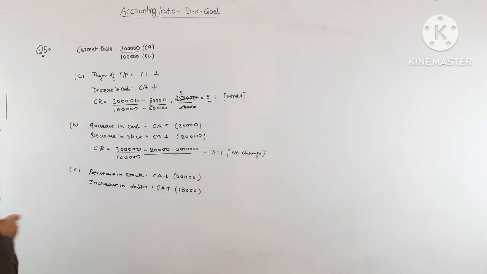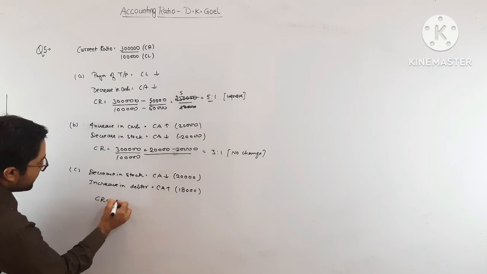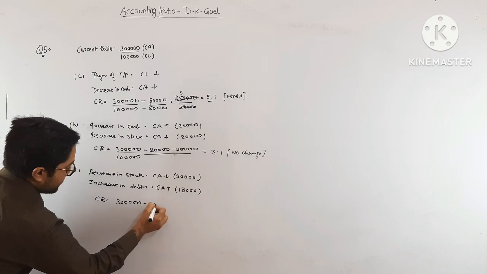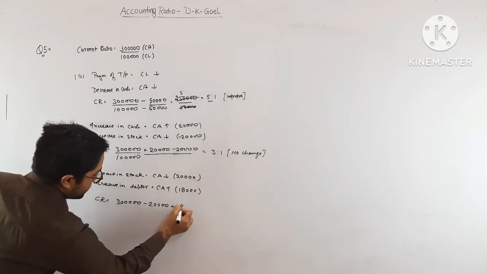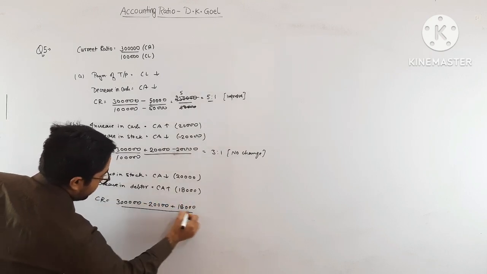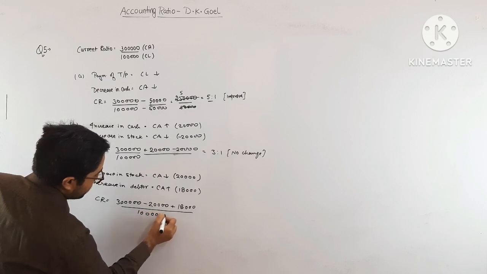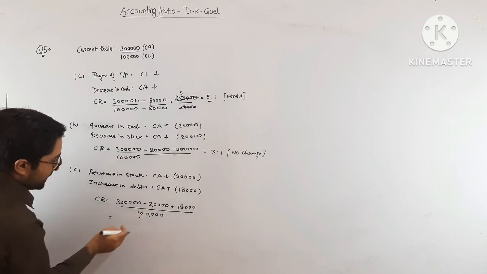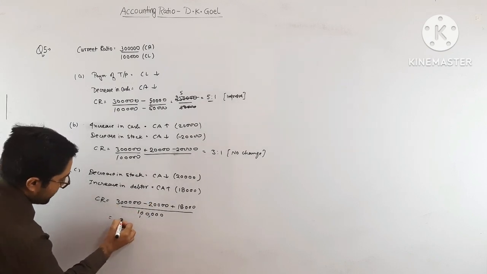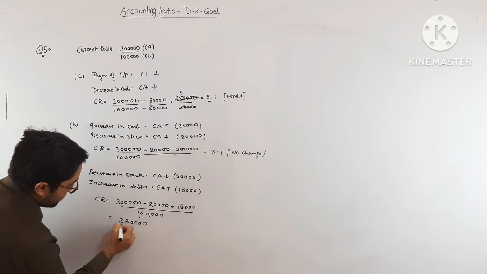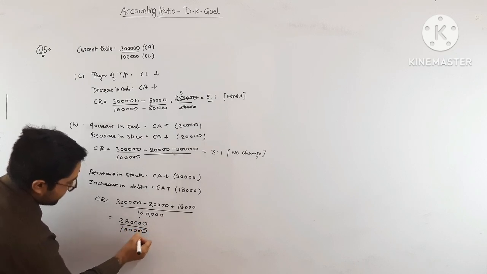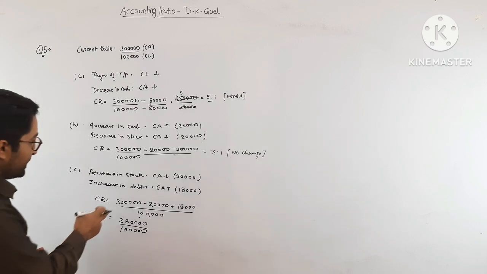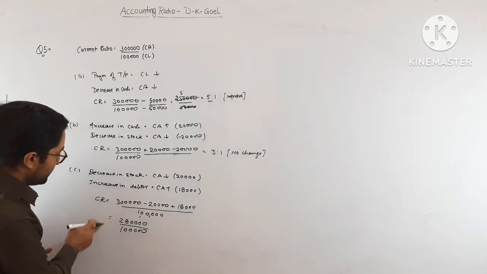Clear? Now see the result. Current ratio will be 3 lakh minus 20,000 plus 18,000 divided by 1 lakh rupees. Minus 20 plus 18 is minus 2.